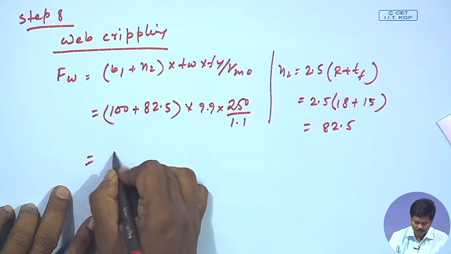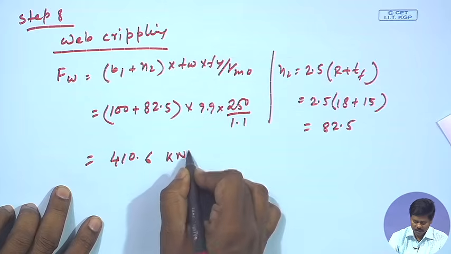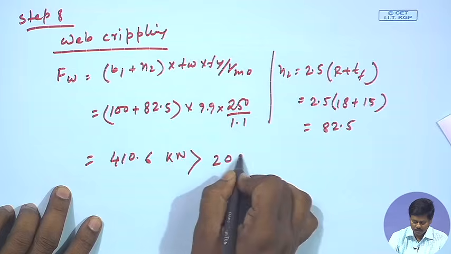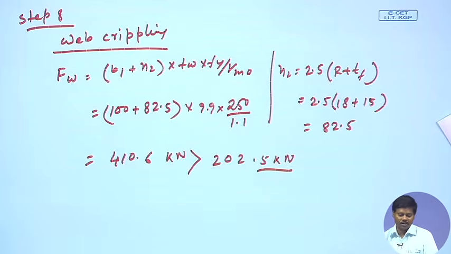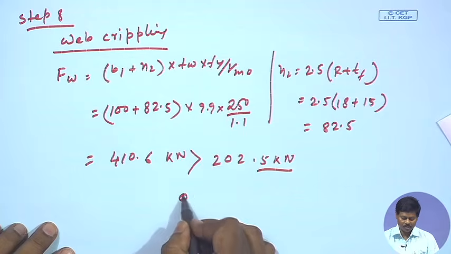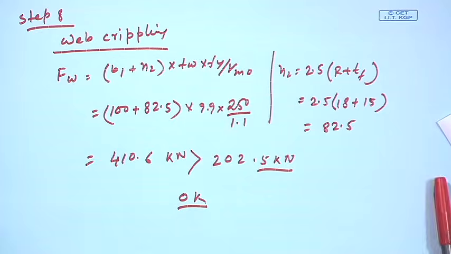So, this is becoming 410.6 kilonewton, and this is greater than 202.5 kilonewton. So, the section is safe against web crippling. So, this is how we can find out the web crippling strength, and we can see that the section is safe against web crippling.